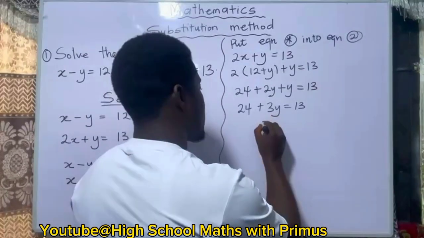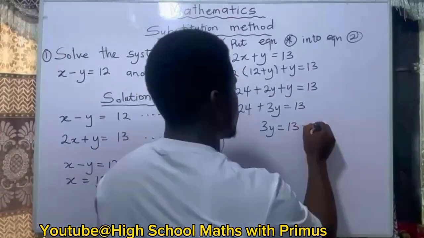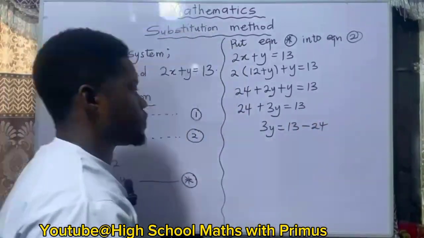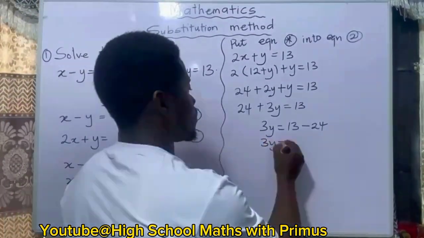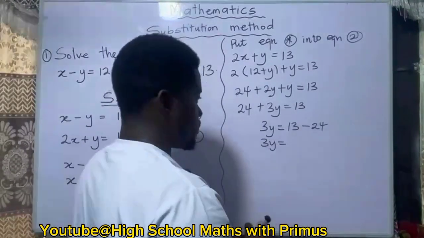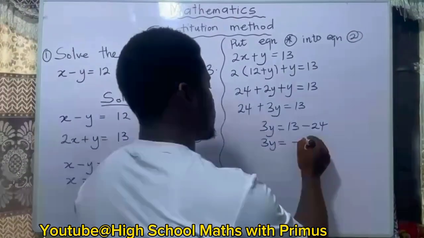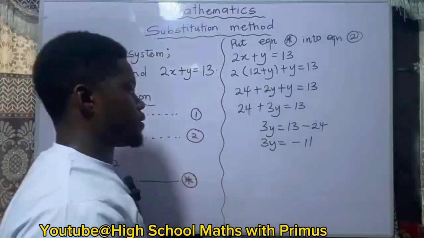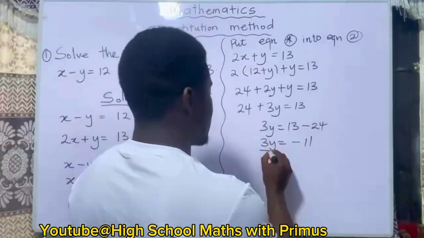So this will end up having 3y is equal to 13 minus 24, which gives us negative 11. So we divide both sides by 3.